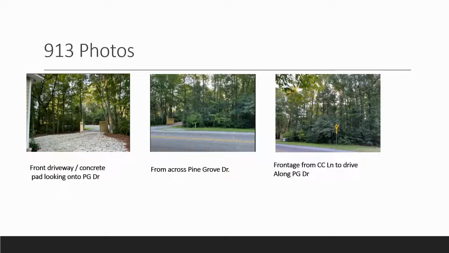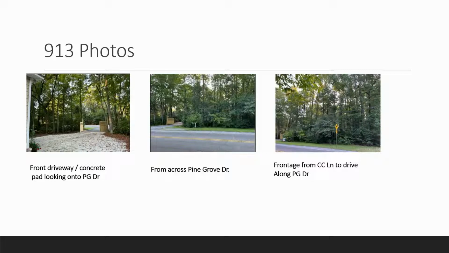Here are some other pictures that will bring it to light a little more. The left picture is looking from the garage, the corner of the house, out to Pine Grove. You can see the large concrete stripe there, and also the proximity of the road, which will be coming 8 feet closer in.